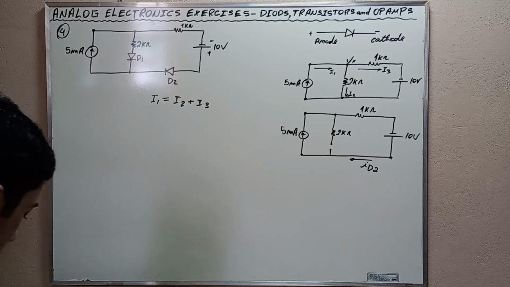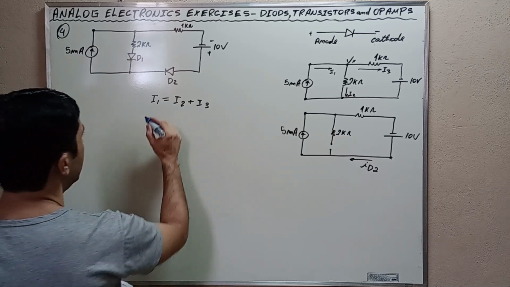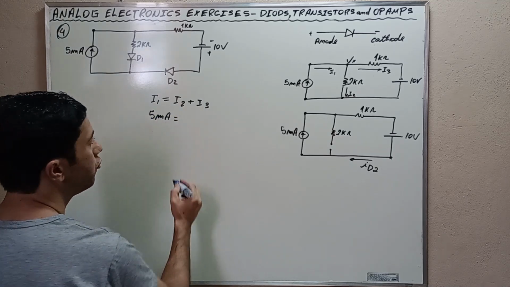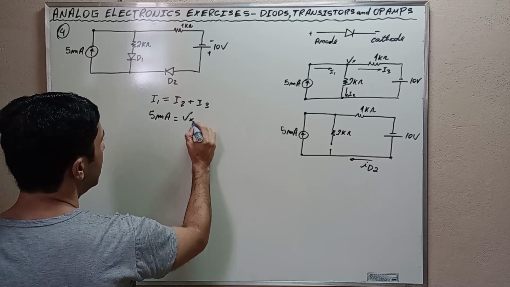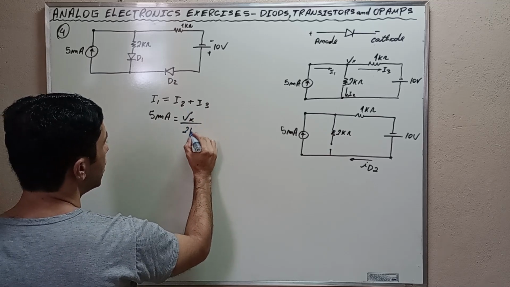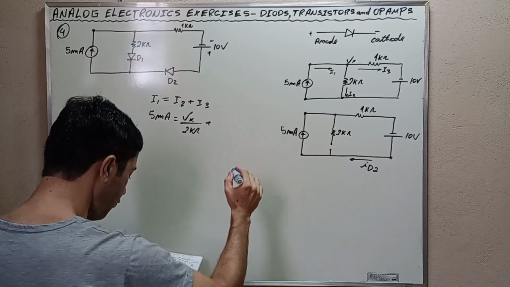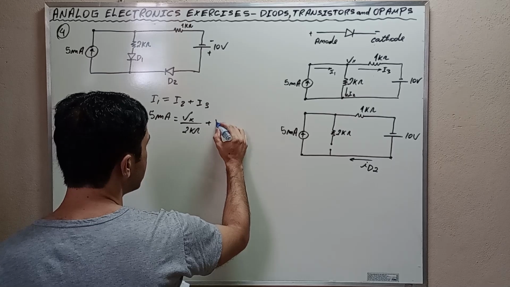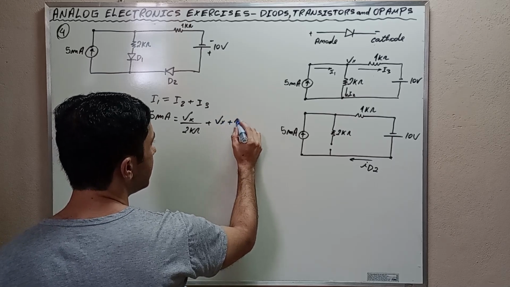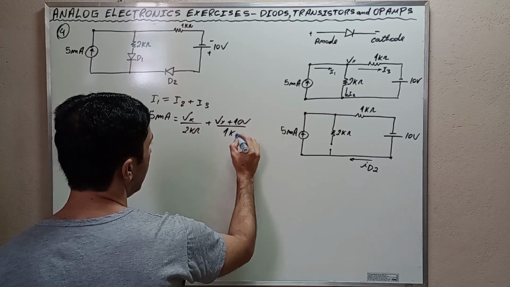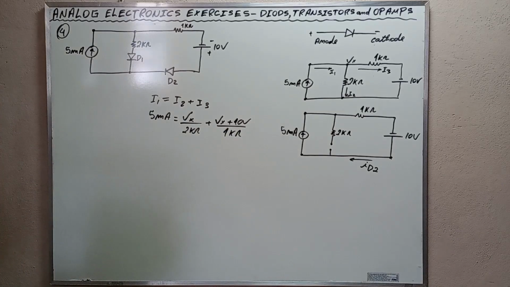I1 we already know. I1 is 5 milliamps. I2 is Vx divided by 2 kilo ohms, and I3 is Vx plus 10 volts divided by 1 kilo ohms, okay?